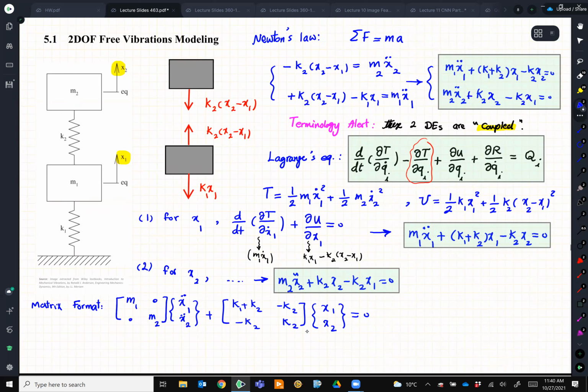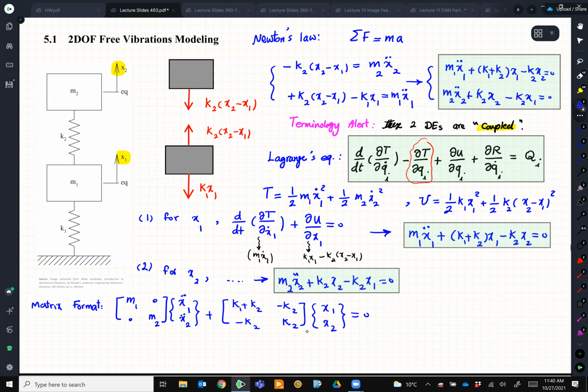But you can always find something. All right, any questions so far? Seems easy, right? This is just a matrix format of what we had before.